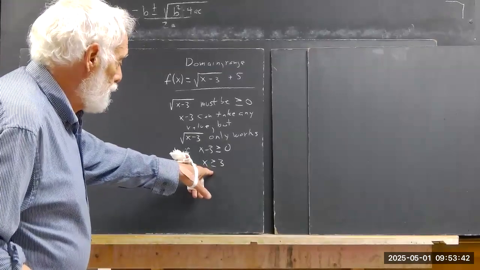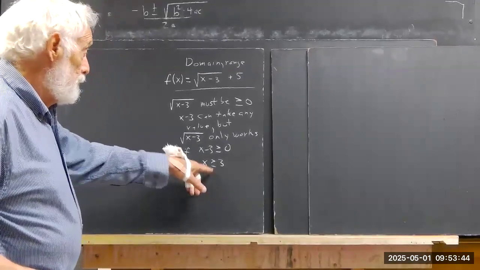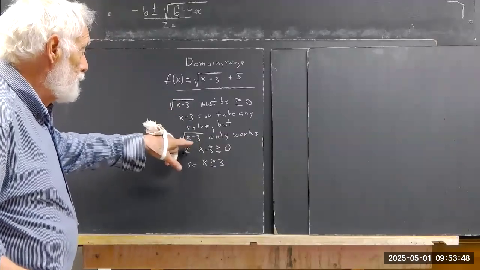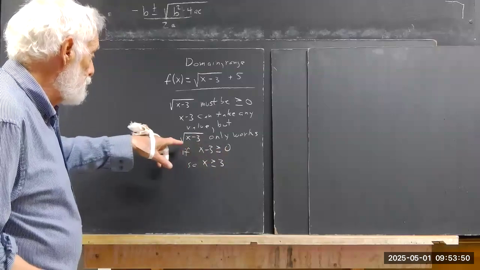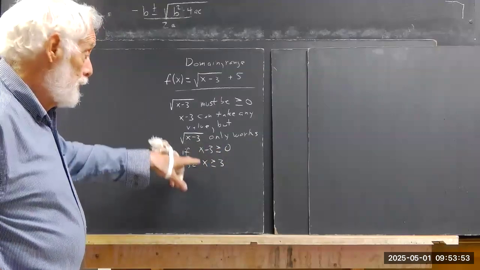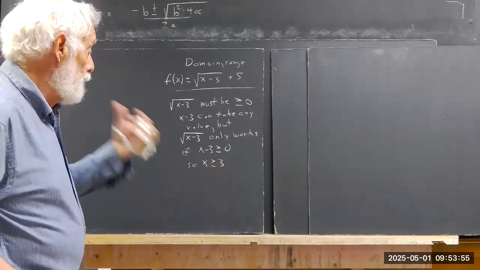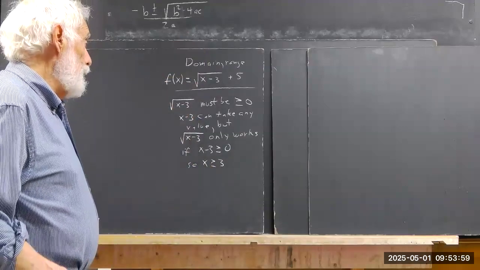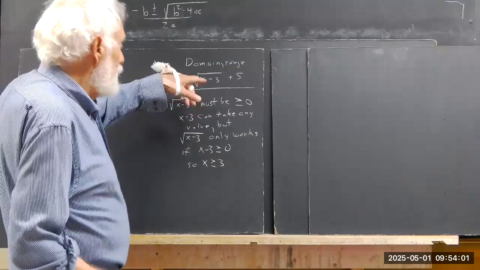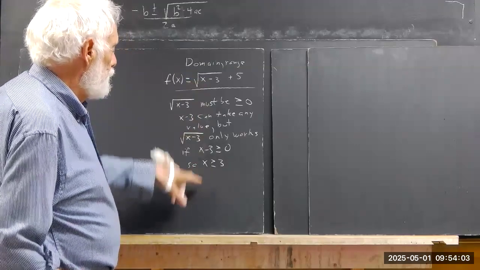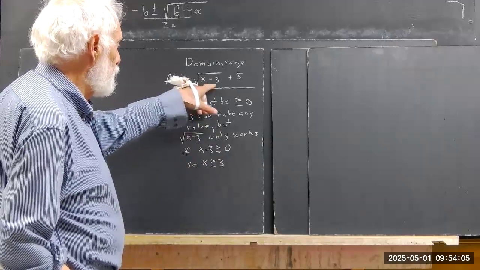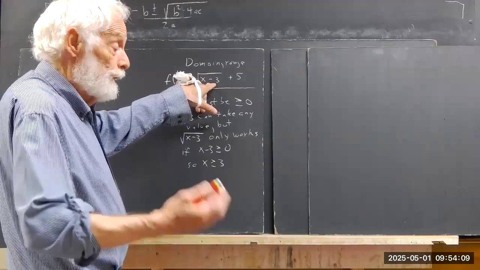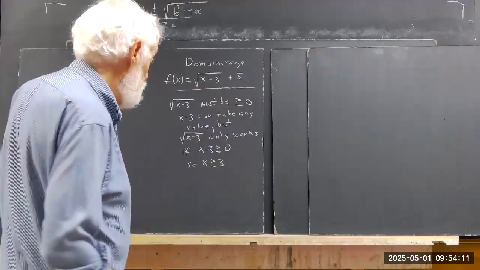Now, any number greater than or equal to 3 gives you a value of x minus 3 that's greater than or equal to 0, so you can take its square root. So any x greater than or equal to 3 works.